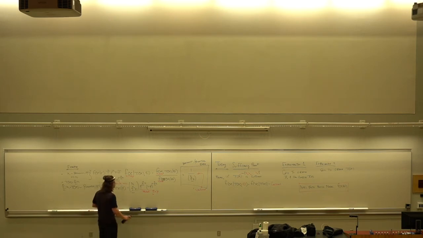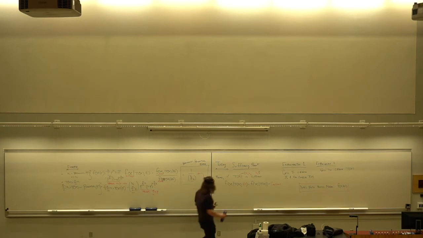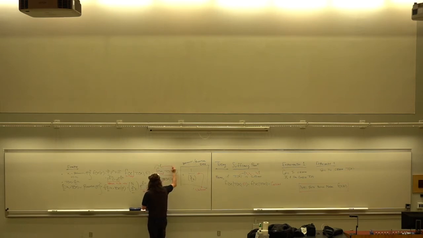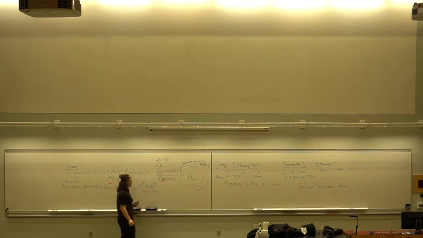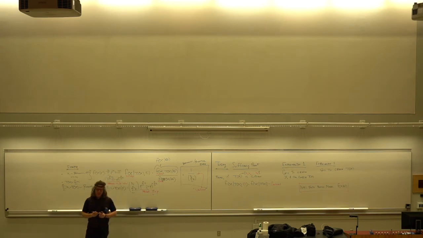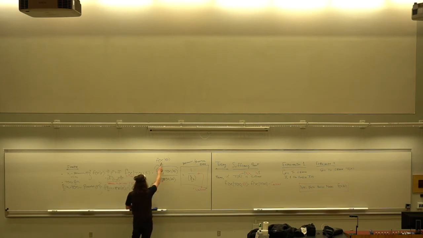Okay, so I want to just point out what this distribution is right here. This one is exactly the same as f of x given theta. If I know x, I can compute t of x. There's no stochasticity in it. All the stochasticity, all the randomness is in x.